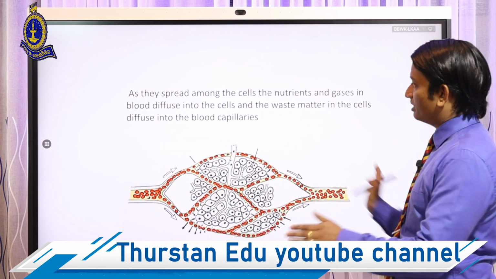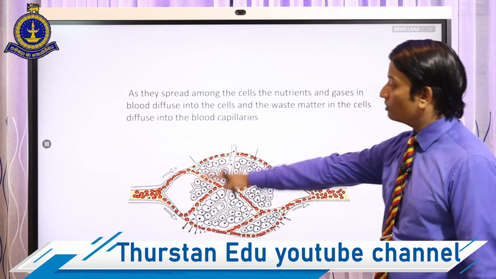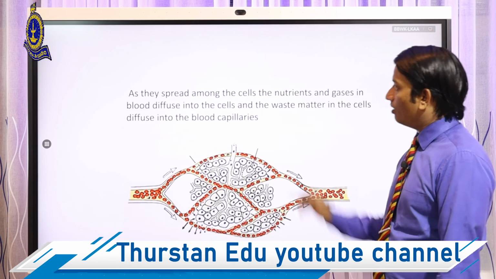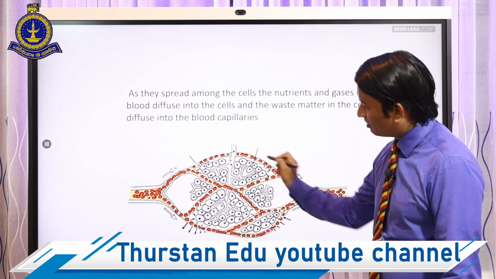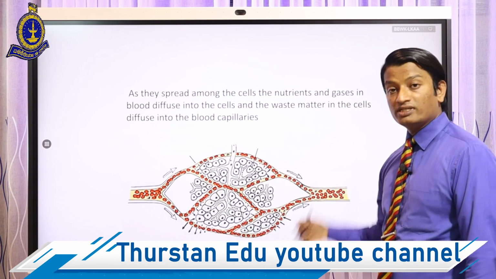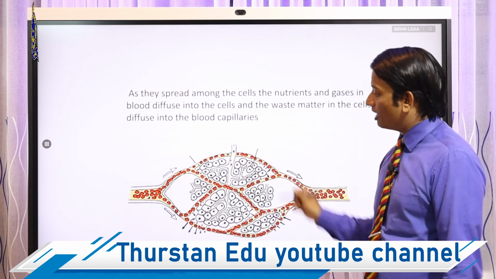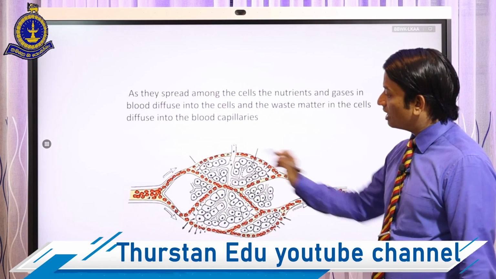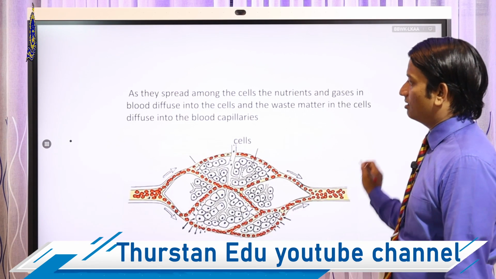As they spread among the cells, there are thousands, millions of capillaries in our body, and the minerals, nutrients and gases carried by the blood are transferred to the body cells through the capillary walls.